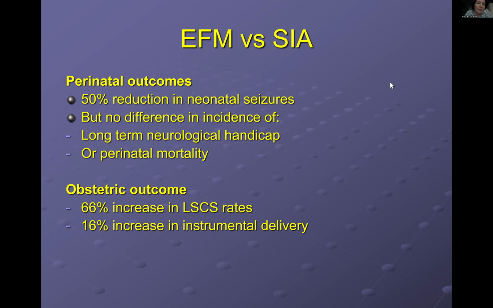Now, of course, over these past 50 years cesarean section has admittedly become safer, and some women actually request it. So I don't think that the 66% increase in cesarean section rate is purely attributed to electronic fetal monitoring.